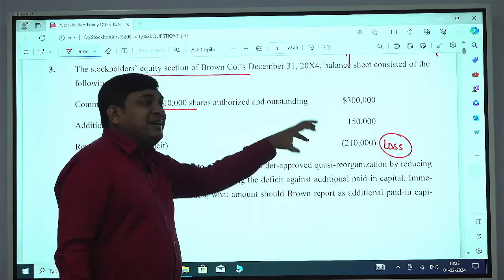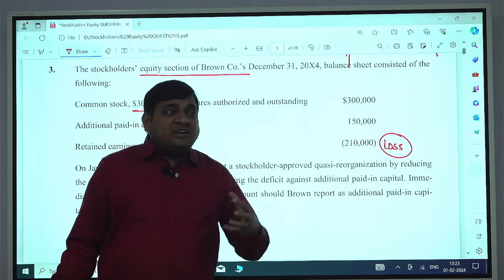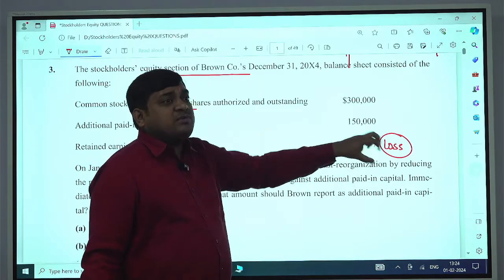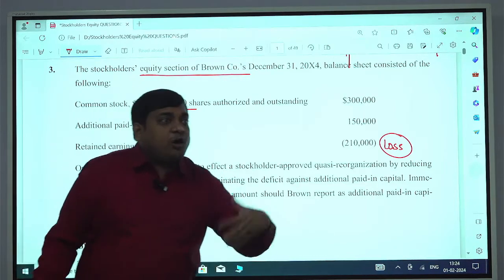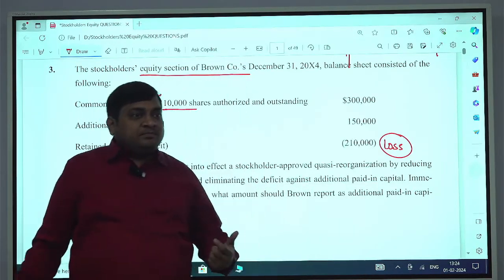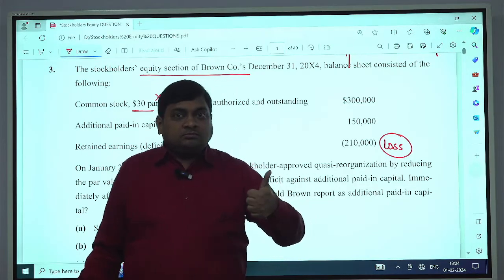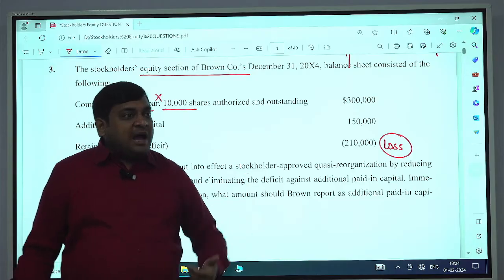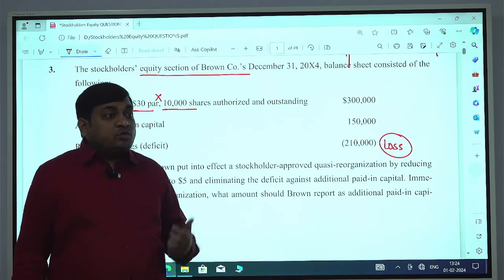It's a sort of internal reconstruction we will do, wherein we will try to eliminate this loss from the balance sheet. When a company is suffering loss, what option do you have? Either you shut it down, or else what else do you do? You try to revamp it.